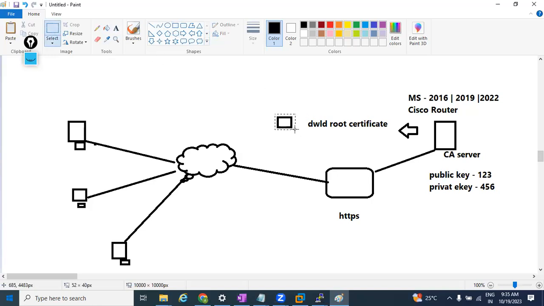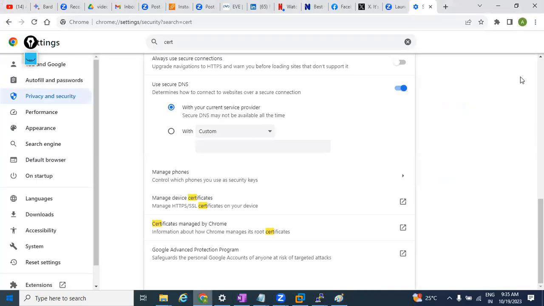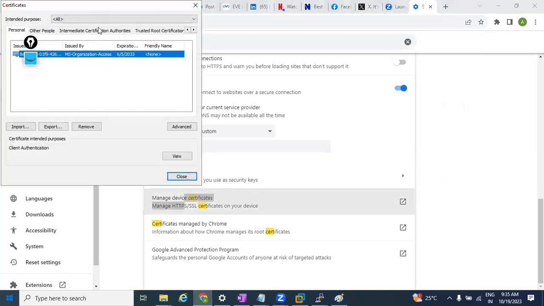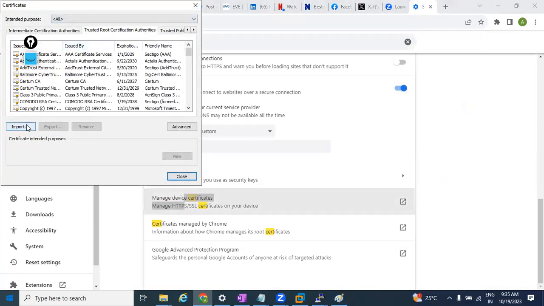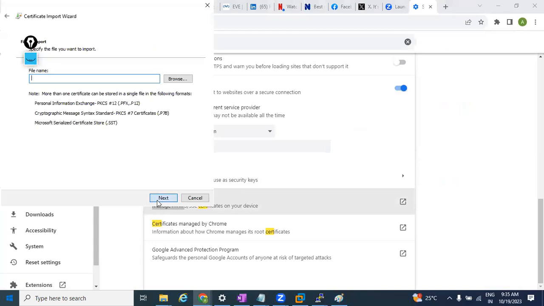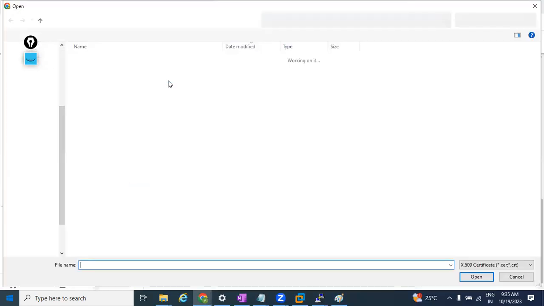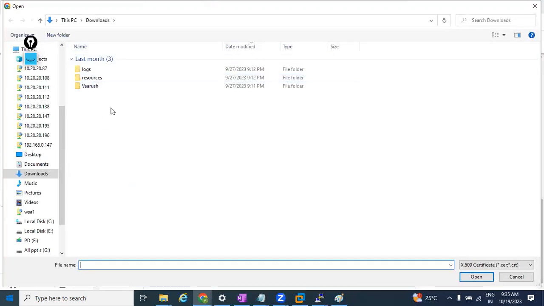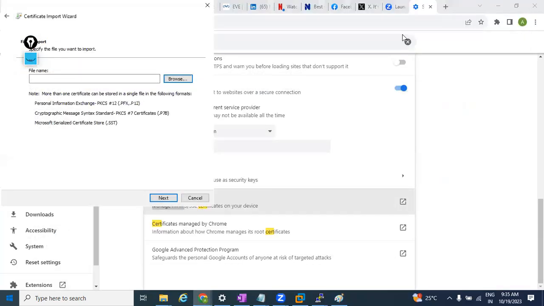That is about this root certificate. I'll take it to these devices and I'll upload in their browsers. Okay, and how I'll upload it? Manage certificate, trusted root certificate, import. Import, next, browse it. Where is certificate? So wherever you have certificate, upload it, and next time close your browser once, then open it again, and then it would work.